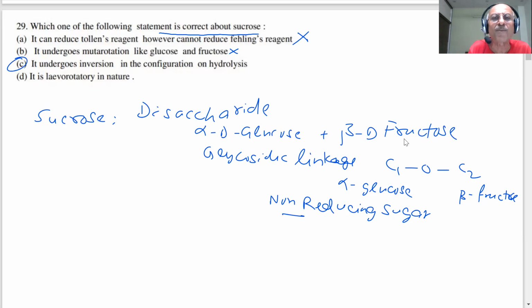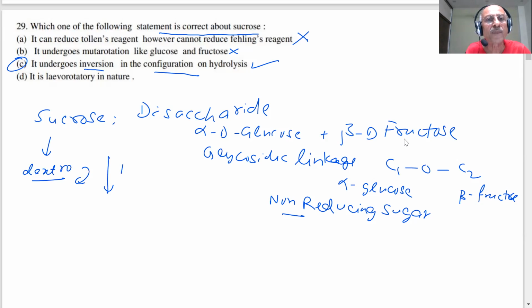It undergoes inversion on hydrolysis. Student, this is very important. Let me explain what sucrose is, and what we mean by inversion in configuration. Sucrose is dextrorotatory, students. It will rotate the plane polarized light towards the clockwise direction. And what happens when sucrose is hydrolyzed?